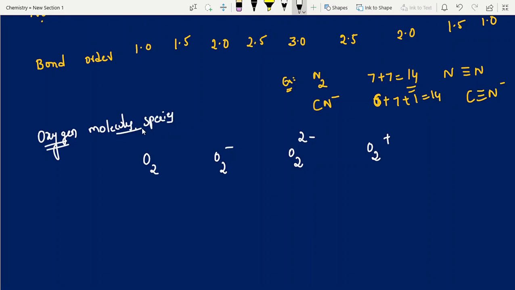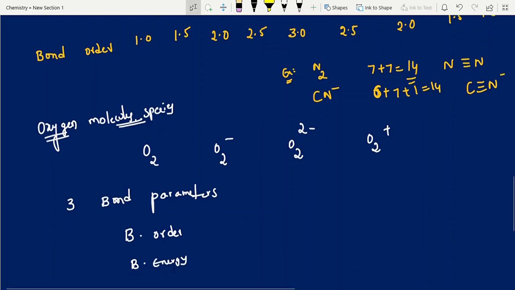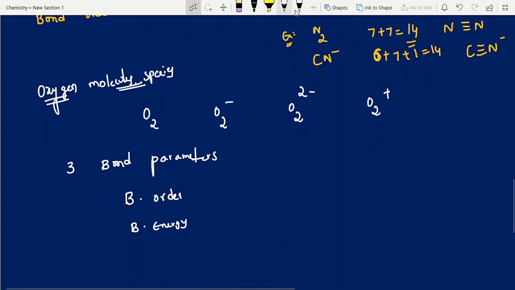Here they are asking 3 bond parameters. Can you try this answer, students? What is this? Bond order they are asking. Next, bond energy they are asking in exams. And the last category is, what is that? Bond length, right? Bond length.